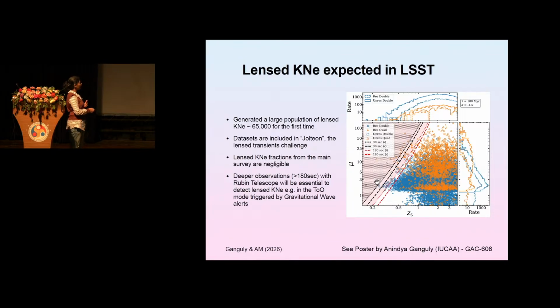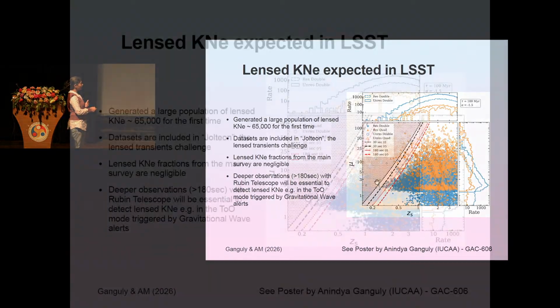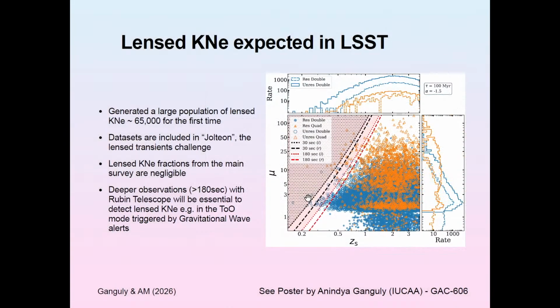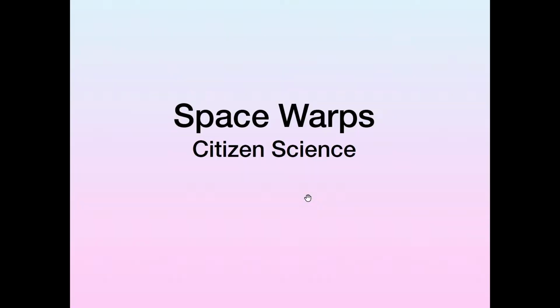What we are finding is that if we can observe much deeper, something like 180 seconds or deeper exposures from the Rubin telescope, then we can find some of these lensed kilonovae.